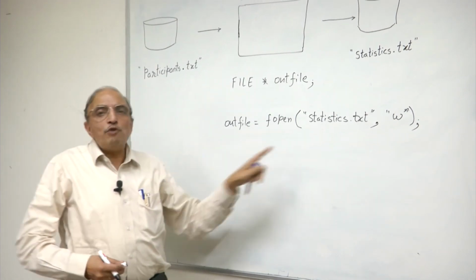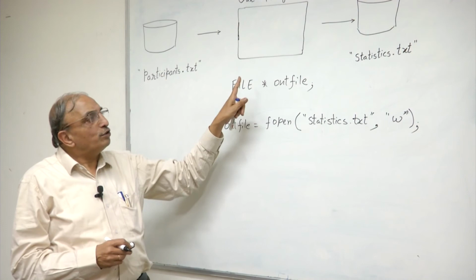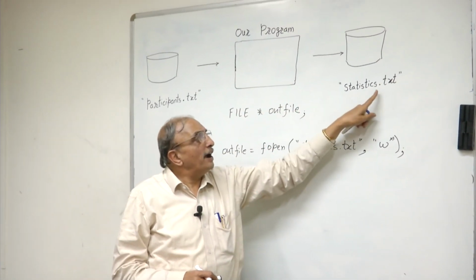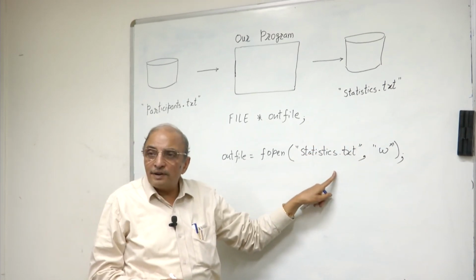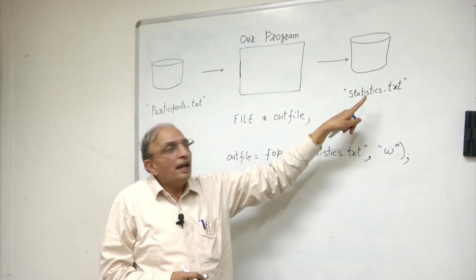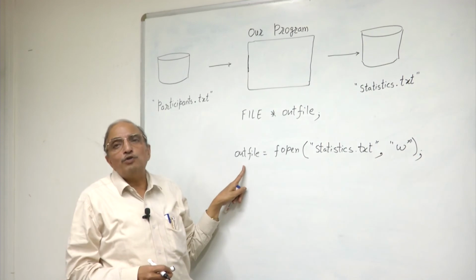When such an fopen statement is issued by your program, the program will actually, with the help of operating system, try to create a file statistics.txt as per the name that you have given. Ordinarily you should succeed in creating such a file, in which case the program will return a valid pointer for out file.